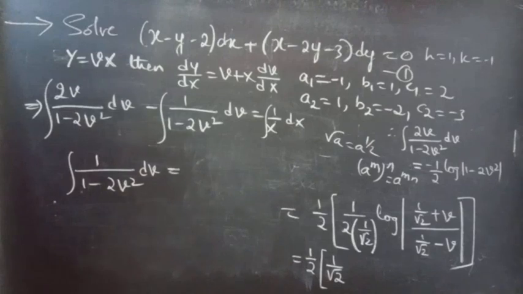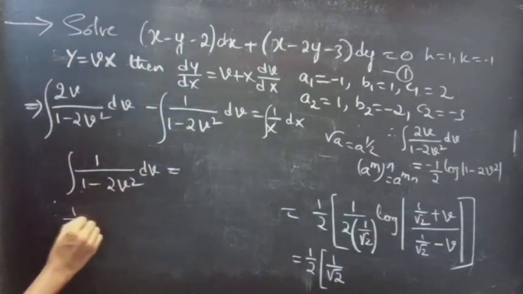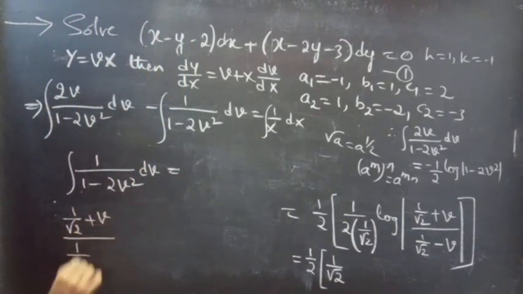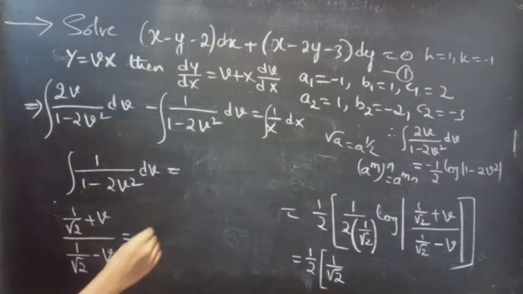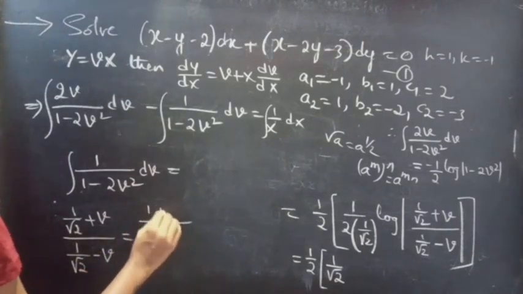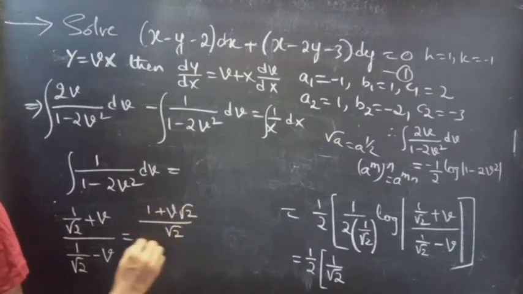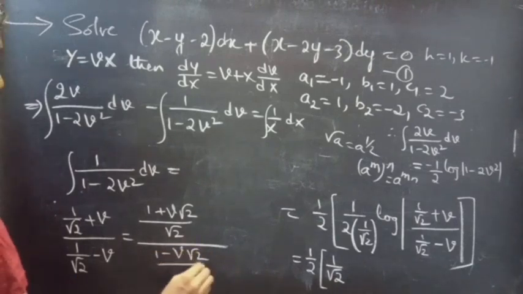And see here you're having 1 by square root of 2 plus v by 1 by square root of 2 minus v. Take the LCM in the numerator, you'll get 1 plus v root 2 by root 2 by, here also take the LCM, you'll get 1 minus v root 2 by root 2.